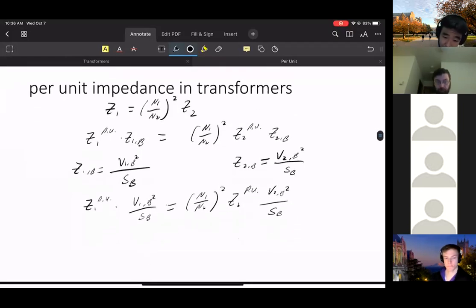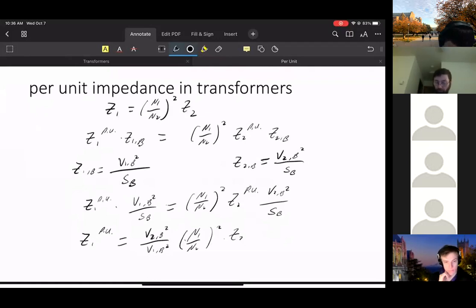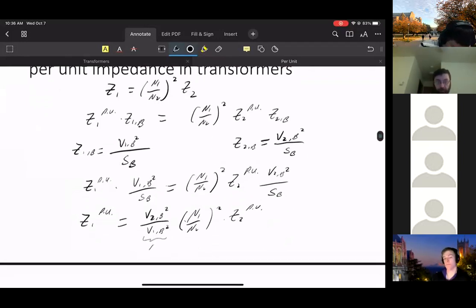So power cancels on both sides. So I have Z1 per unit as V2 base squared over V1 base squared times N1 over N2 squared times Z2 per unit. This is what we have. Of course, this V2 base over V1 base squared is N2 over N1 squared.